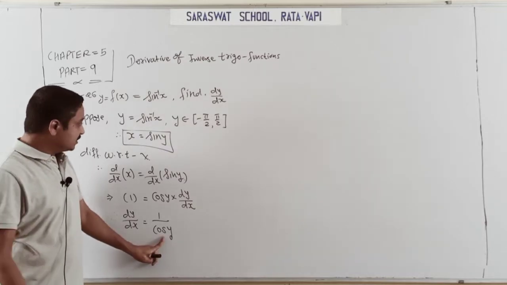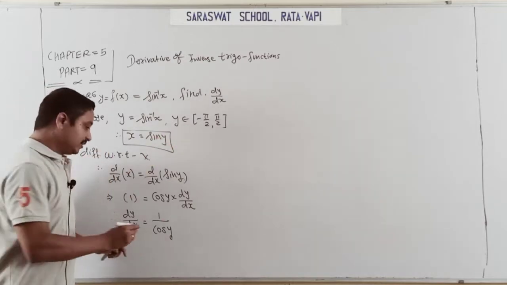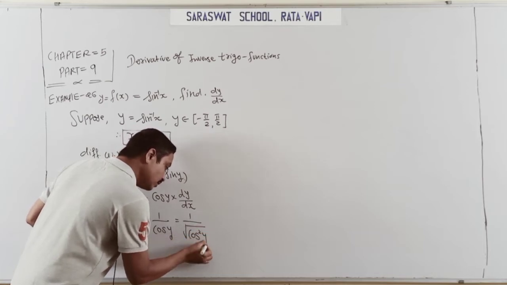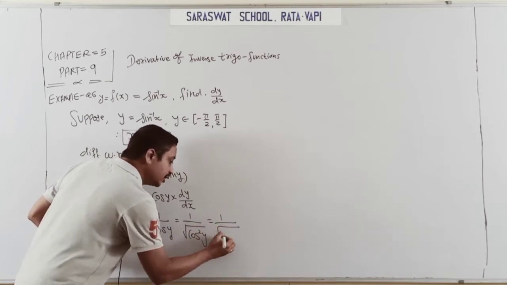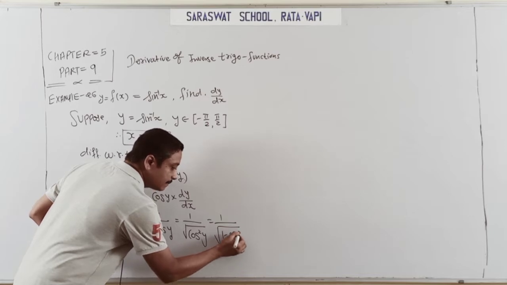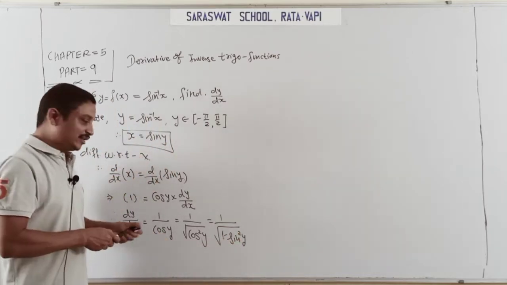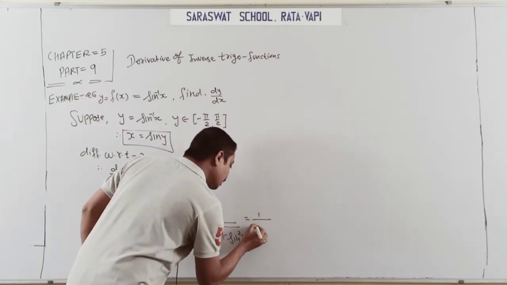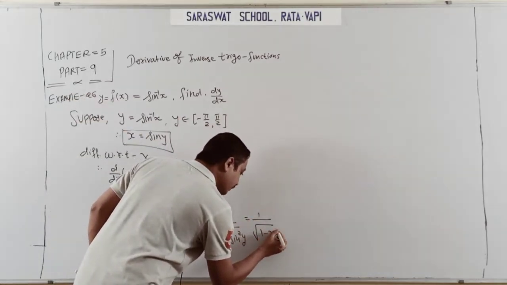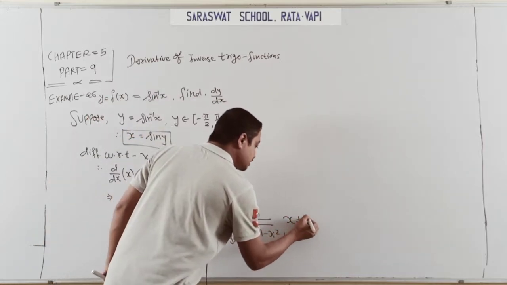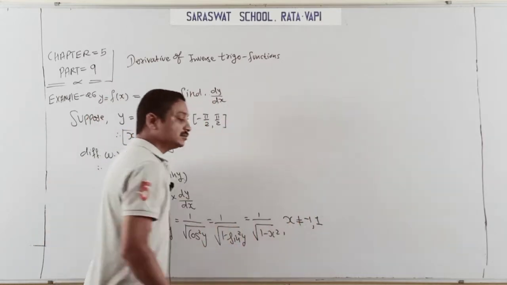Now this cos y, students, I convert into sin y. You know that it is under root cos square y, and cos square y is under root 1 minus sin square y. And what is sin y? X. Finish. 1 by under root 1 minus x square, where x is never minus 1 and plus 1.